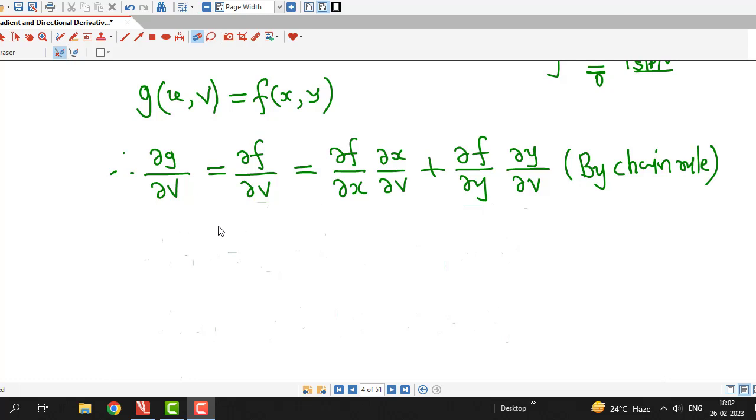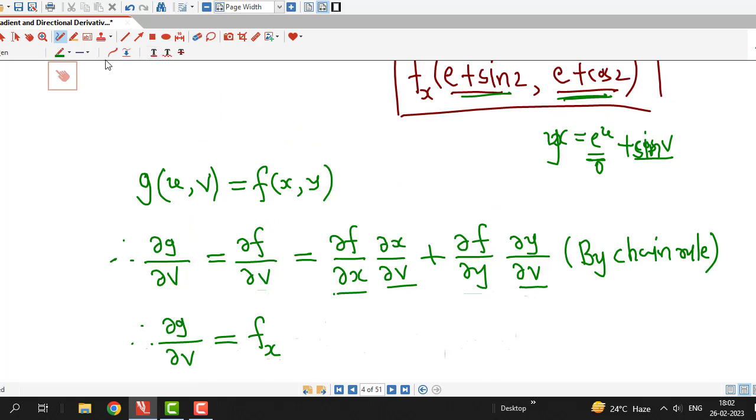In the next step we find del x by del v and del y by del v, and we substitute them here. Therefore partial derivative of g with respect to v equals, I keep this del f by del x as it is, times del x by del v.